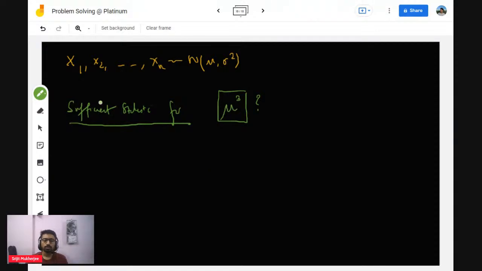Okay, so what about mu to the power 4? Or let's say mu square minus mu. Let's find a sufficient statistic of mu square minus mu. How will you find this?